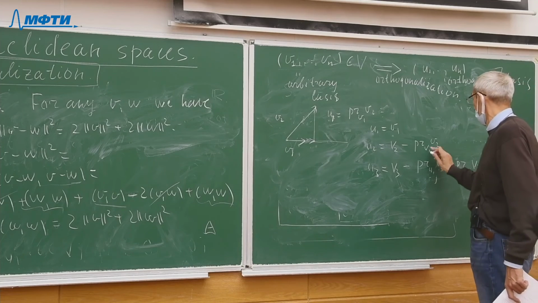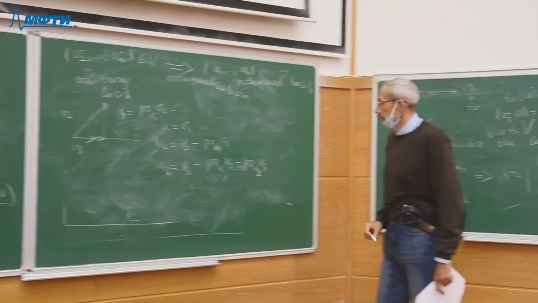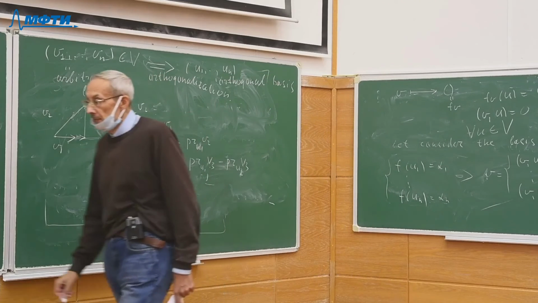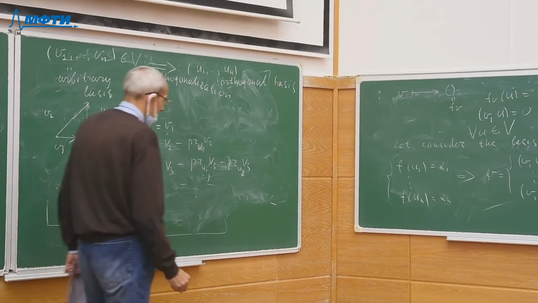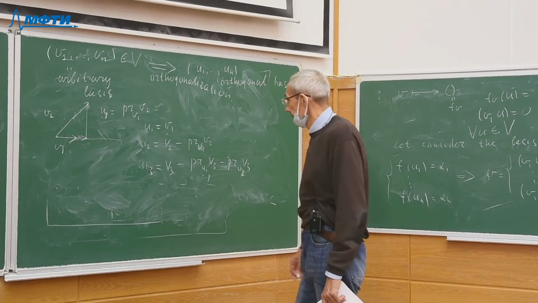And in this I can change v1 to u1, and so on. Step by step, using this approach, we can obtain the orthogonal basis in the vector space V.